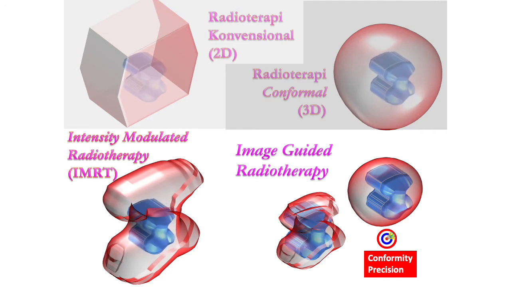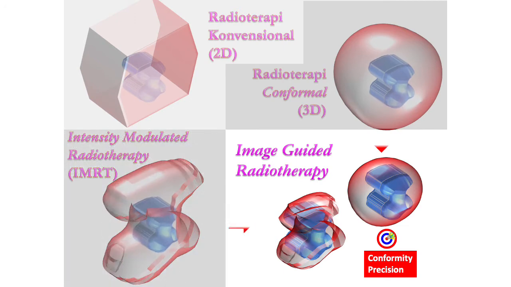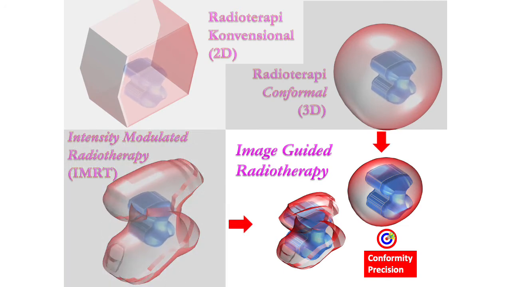However, there still need to be margins around it to anticipate internal movements inside our body, such as respiratory movements or intestinal movements. Even more advanced, with IGRT, the margin can be further reduced, and the final result of using advanced technology is that we will be able to protect more normal tissues from radiation exposure in curative doses.